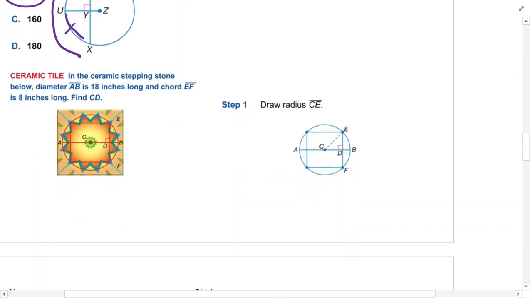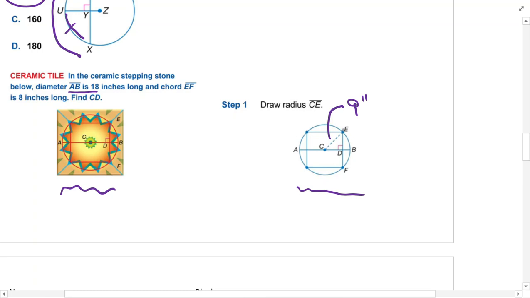In the next picture, we're dealing with a ceramic tile. Let's draw a picture without all the other stuff in it. We're told that the diameter AB is 18 inches long. That tells us that the radius is 9 inches long, which is CE right here, so that is 9 inches long.